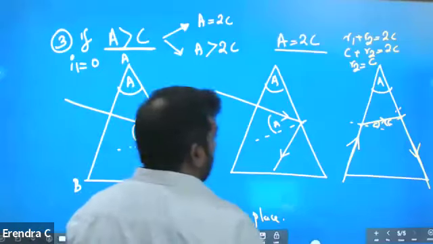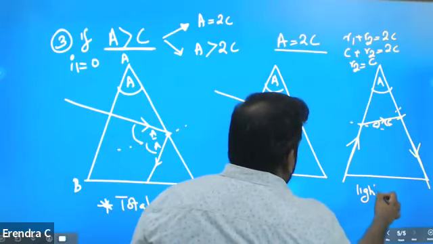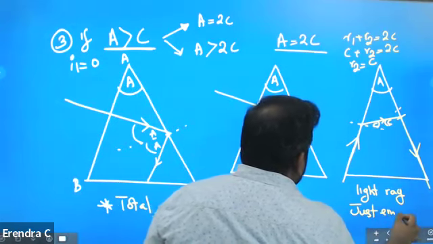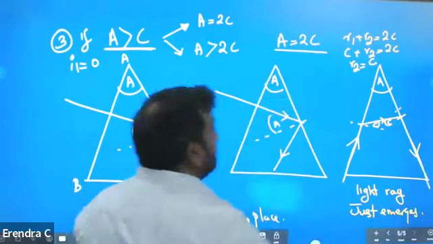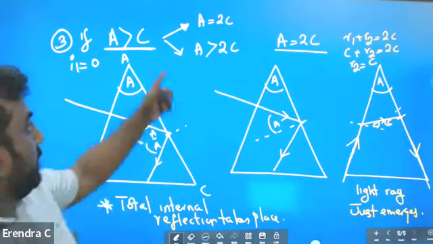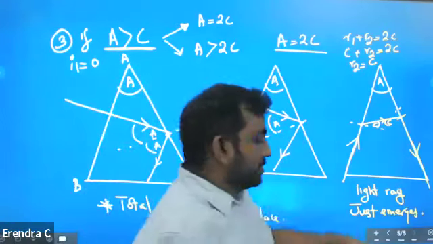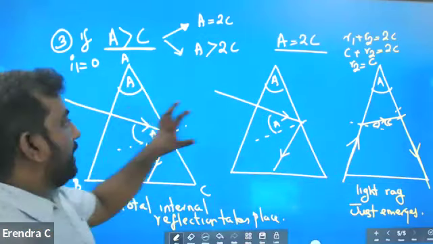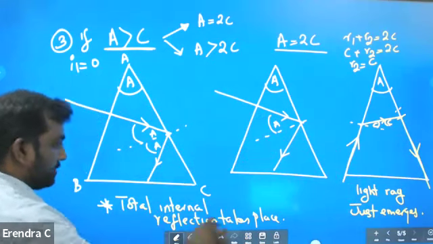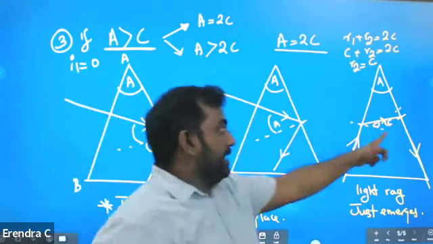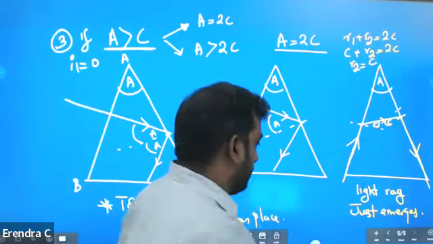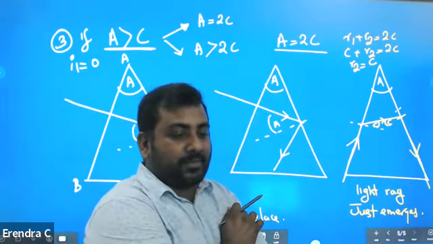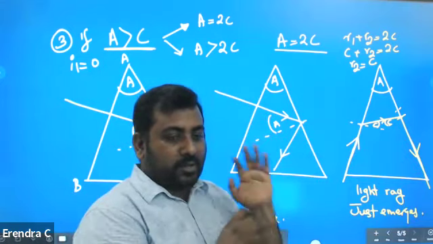So the light ray just emerges. What about A larger than 2C? A larger than C means I equal naught will not emerge anyway. When A is 2C, the light ray just goes along the boundary. So a small conclusion: A equals 2C goes along the boundary.